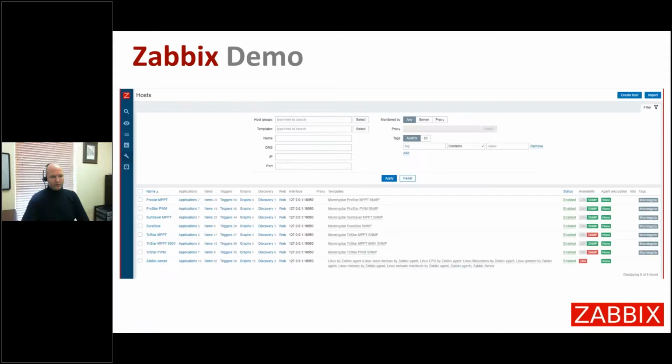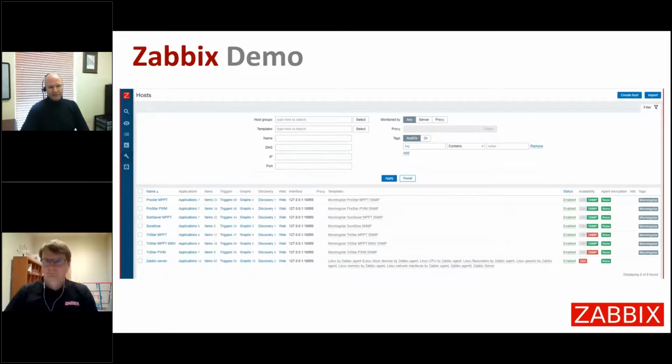What I will do now is hand the demo over for some detailed screenshots from Sergey, and you can then get an idea of what kind of information is available from the tool. Yeah, as Brad has mentioned, these templates and this connectivity and integration between Zabbix and Morningstar is created in cooperation between two vendors.